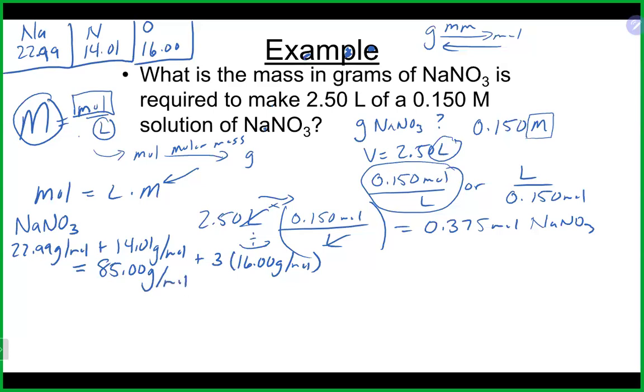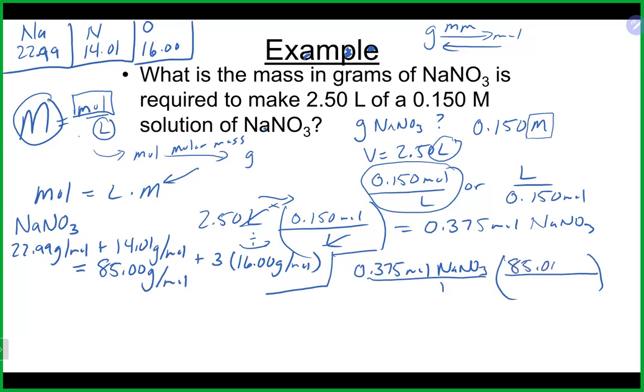Remember that this molar mass is really also just a conversion factor. And again, we're going to use it to go, in this case, from moles back to grams. So taking our number from the previous step, 0.375 moles of sodium nitrate. Once again, moles are up on top. So when I use my molar mass as a conversion factor, I do need the moles on the bottom, opposite location, to cancel, right?